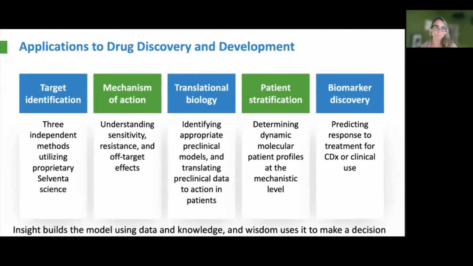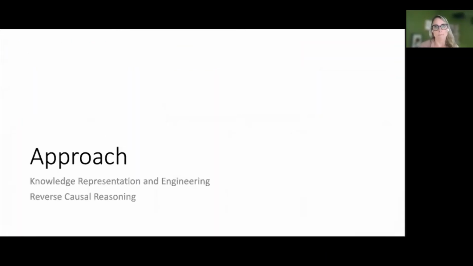But a lot of the work has been done to build mechanistic models of disease, understand the mechanism of action of drugs and maybe off-target effects, or compare, we would call it competitive intelligence, where we would be looking at one company's drug and comparing it against the standard of care, identification of targets, being able to discover biomarkers to stratify patients, et cetera. The same types of problems that you all are working on.